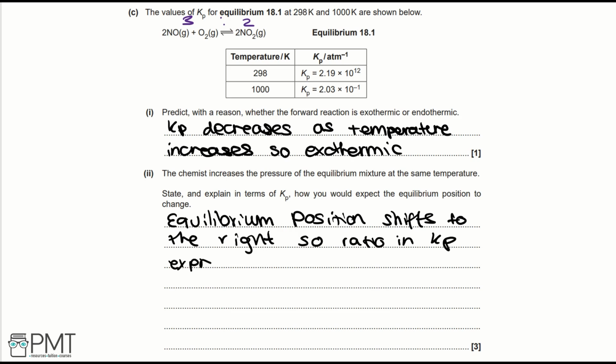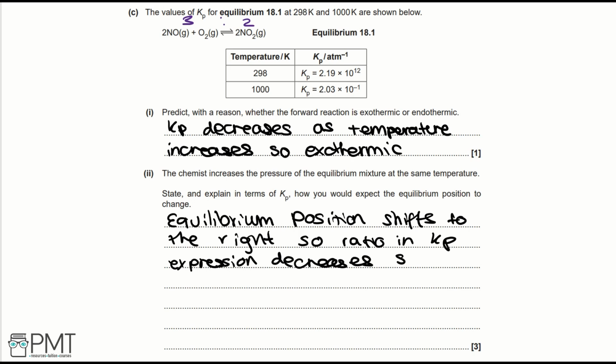Next we need to talk about the ratio in the Kp expression. And what's going to happen to this ratio is it's going to decrease. And that is because the denominator is going to increase more than the numerator, therefore decreasing the ratio in the Kp expression.